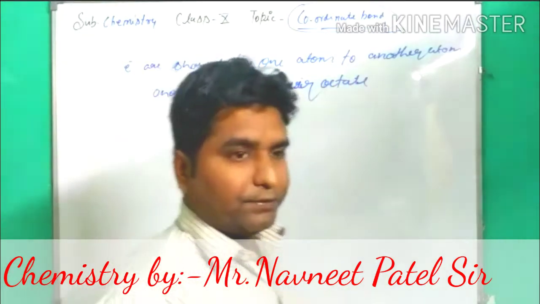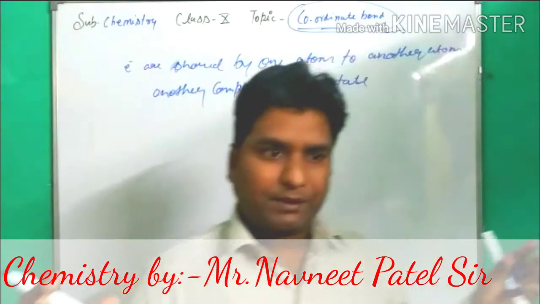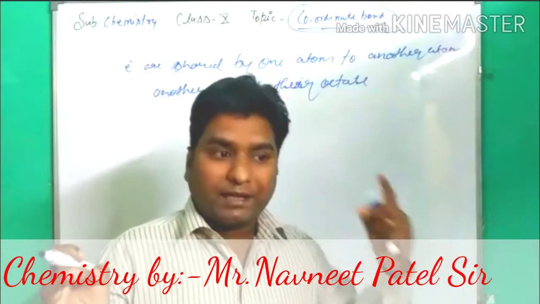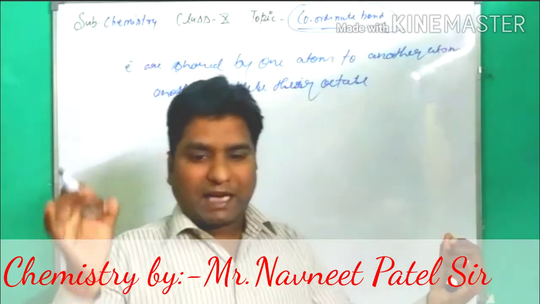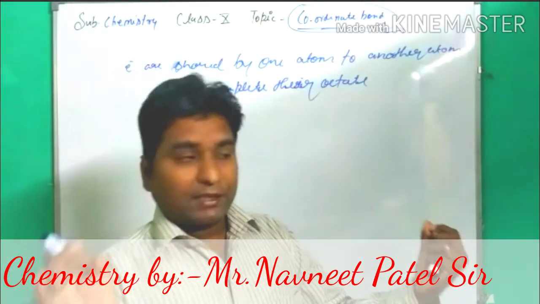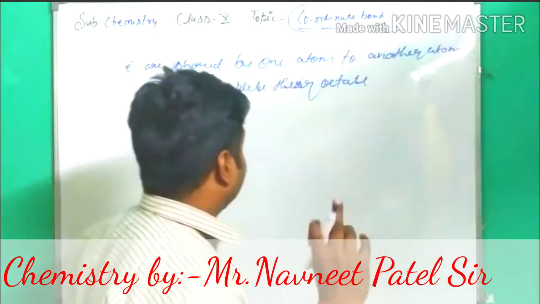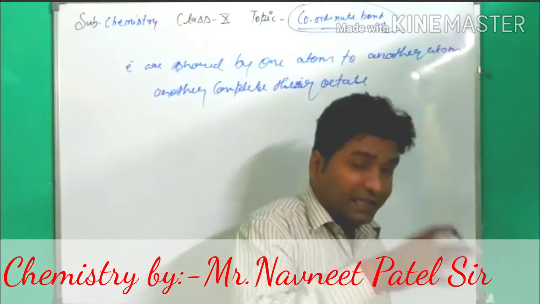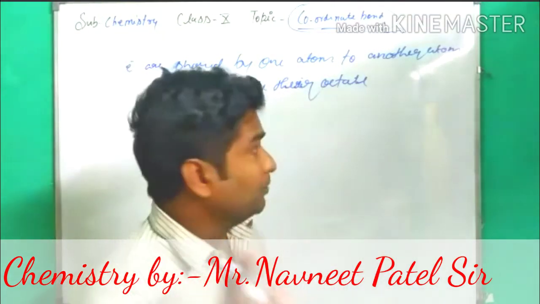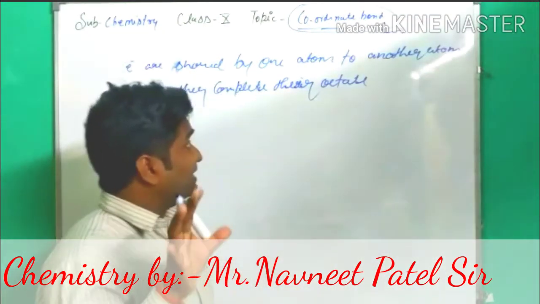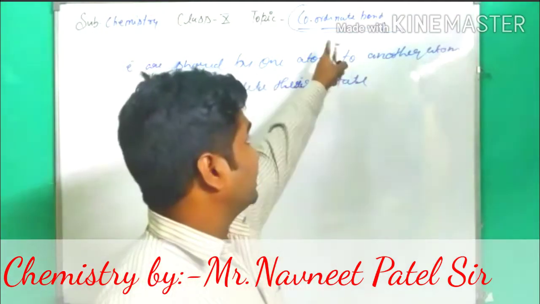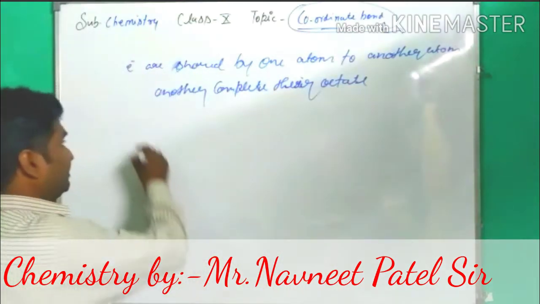That means if two atoms are going to form a covalent bond, one atom completes its octet and another atom does not complete its octet. In this case, the first atom wants to share its electrons, so it is a special sharing. That is why this bond is known as the coordinate bond.